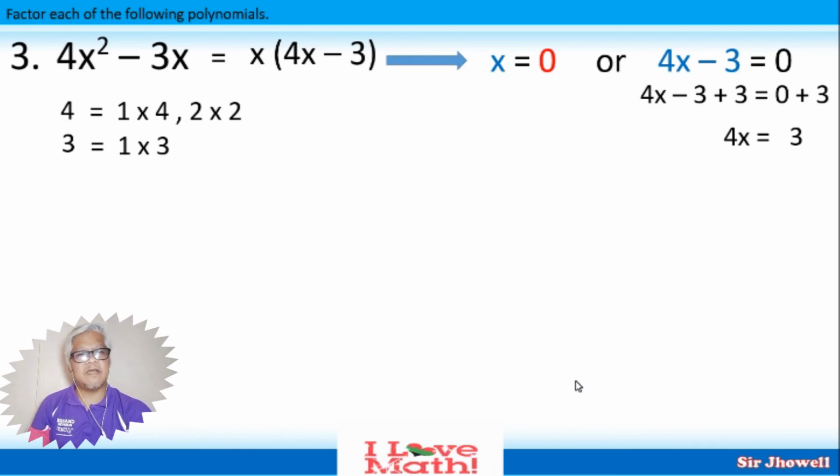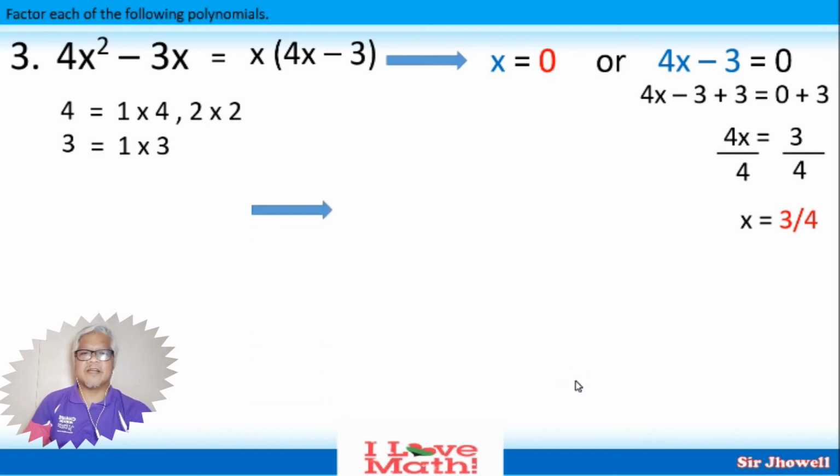To remove that coefficient, I divide both sides by 4. So, ang mangyayari, x now is equivalent to 3/4. Ibig sabihin, sa ating problem number 3, values of x are 0 and 3/4. Ayos? Ayos.